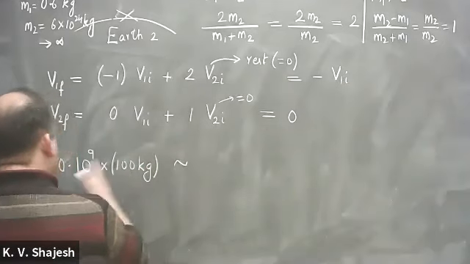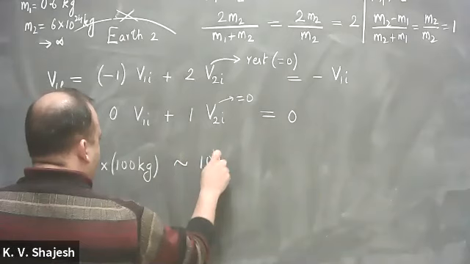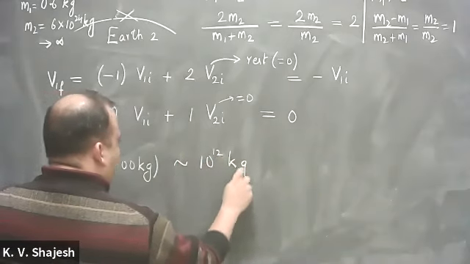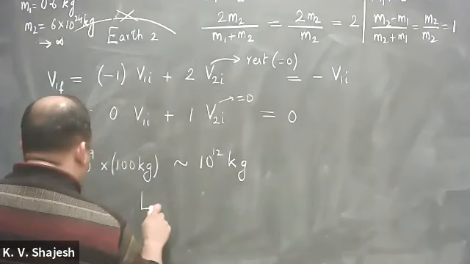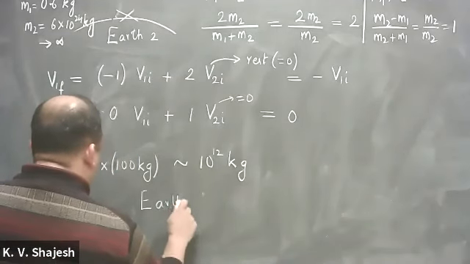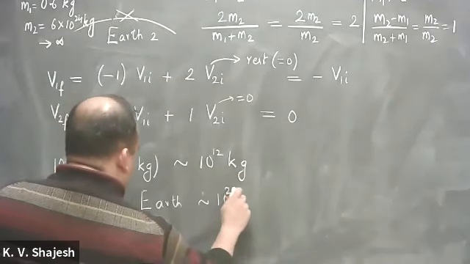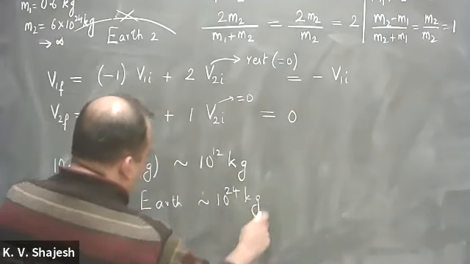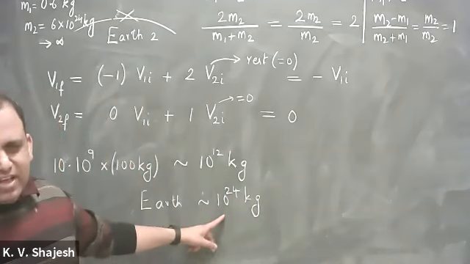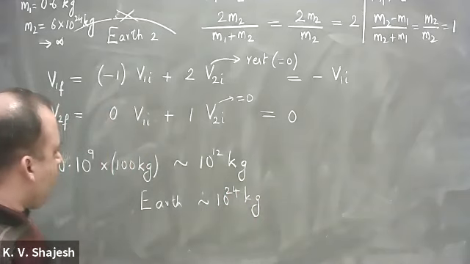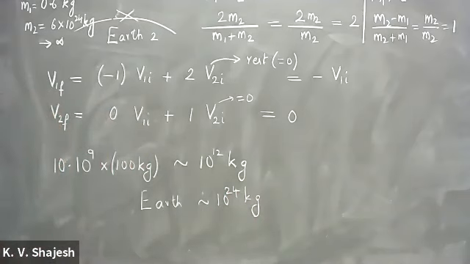That's approximately 10 raised to 12 kg. But Earth is 10 raised to 24 kg. Still you're 12 decimals off. So within one significant digit, Earth is not going to move at all.